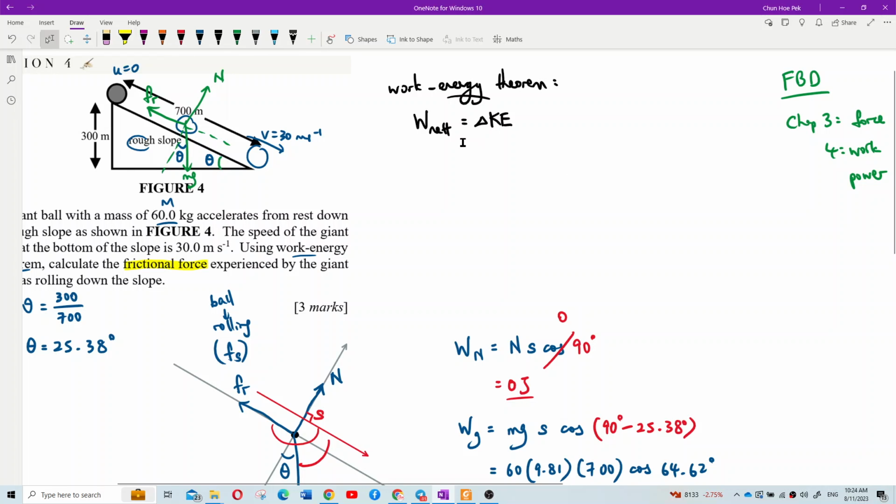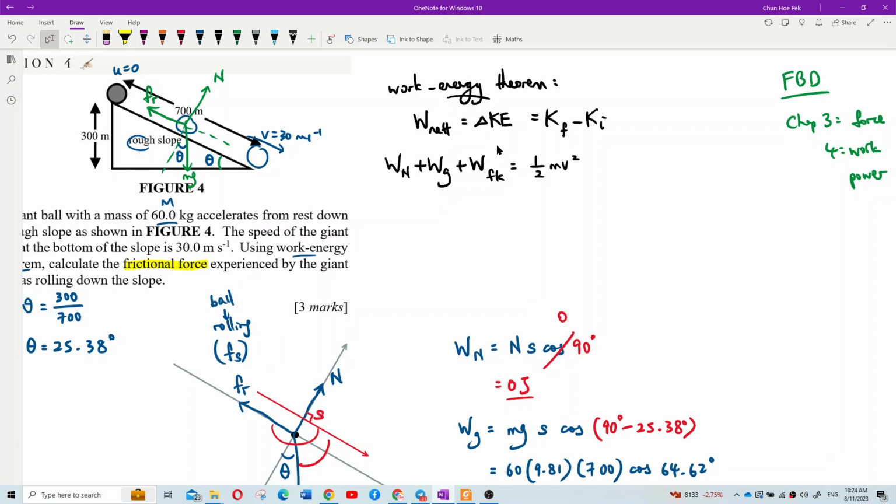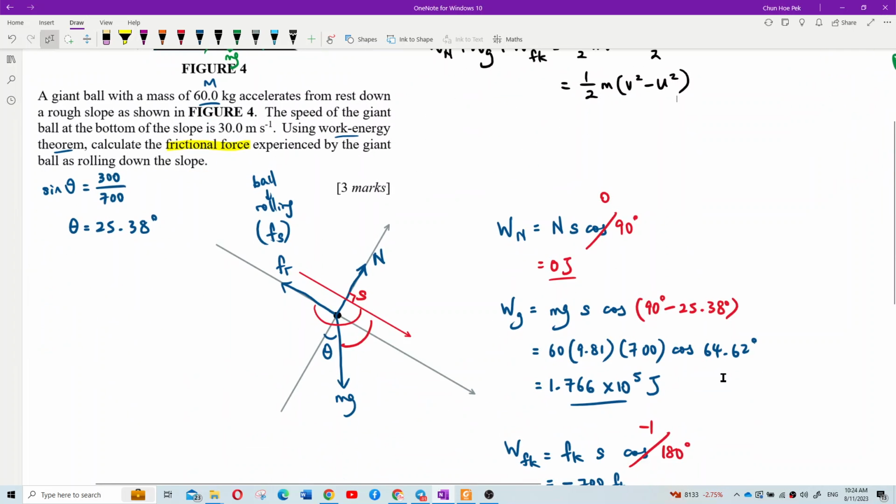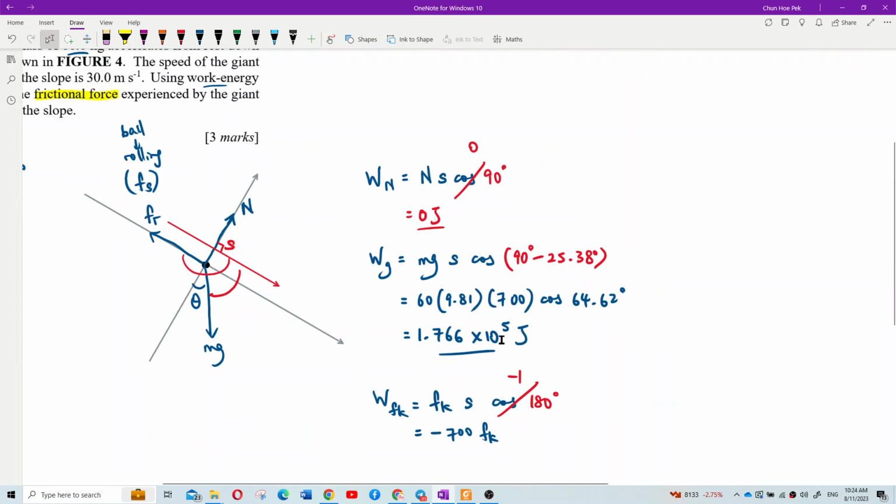So net work done is work done by normal force plus work done by gravity plus work done by friction equal to the change of kinetic energy, which is final kinetic minus initial kinetic, half mv square minus half mu square, which is half m, v square minus u square. So put in all the value here.